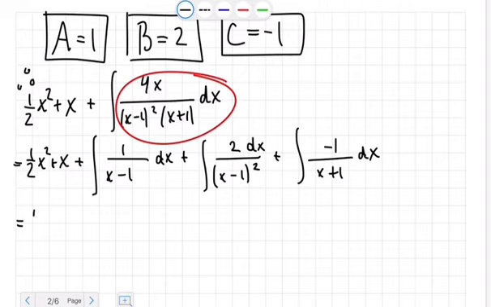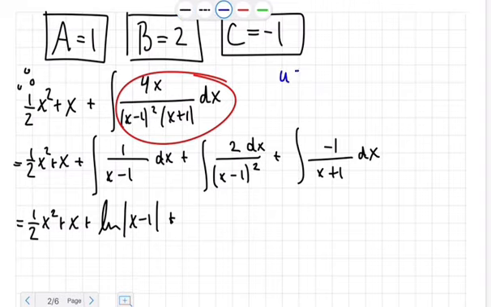We end up with 1/2 x squared plus x plus ln absolute value x minus 1, plus we do our substitution here. We can do u equal to x minus 1 for that, which is going to work out very nicely because du will just be equal to dx.